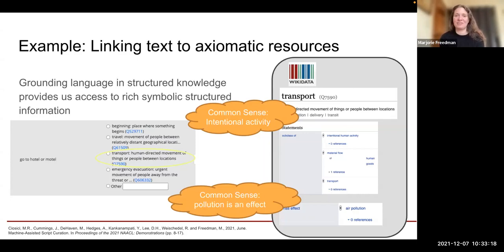So it's Q7590, which pulls up two axioms, neither of which is probably at the tip of your tongue, but both of which you would expect a person to not be surprised by. One is that transport is an intentional activity, that somebody decided to do the transporting. The second is that an effect of transporting can be pollution. And so if you're asking what are the outcomes of transportation, certainly somewhere in your long list of things that happen is pollution.